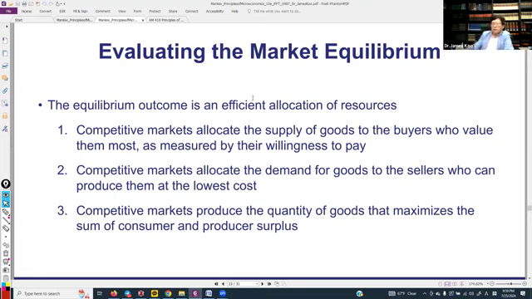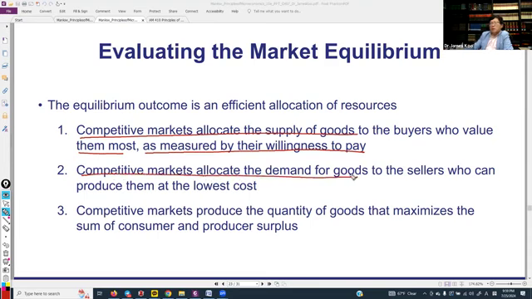The market allocates the supply of goods to buyers who value them most, measured by their willingness to pay. It allocates demand for goods to sellers who can produce them at the lowest cost. The market produces the quantity of goods that maximizes the sum of consumer and producer surplus.